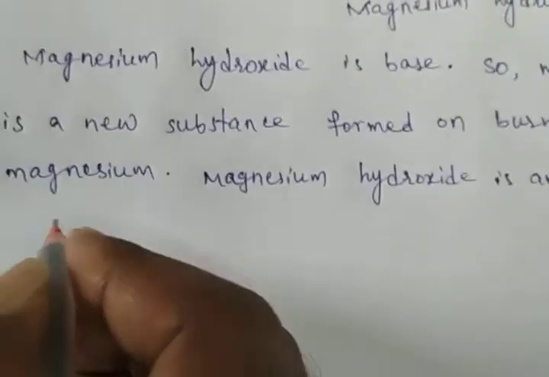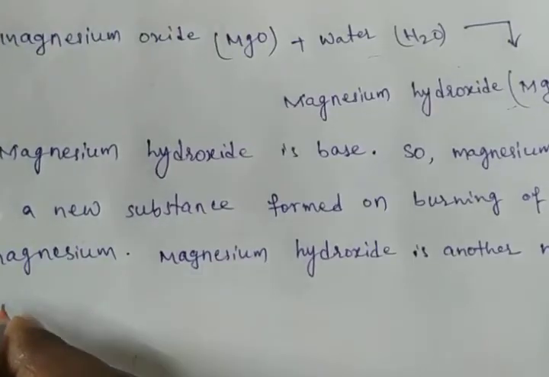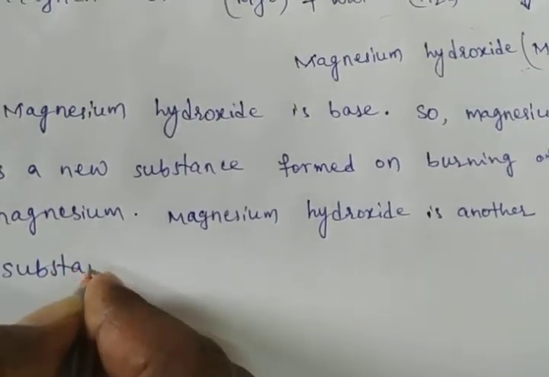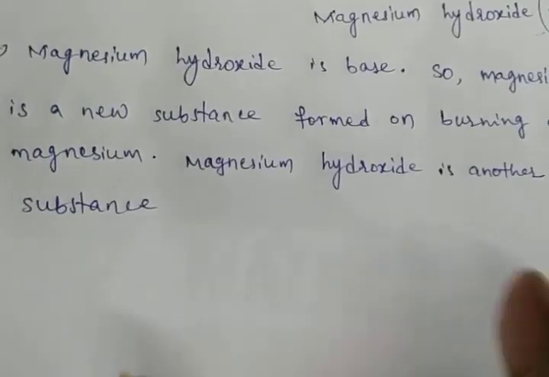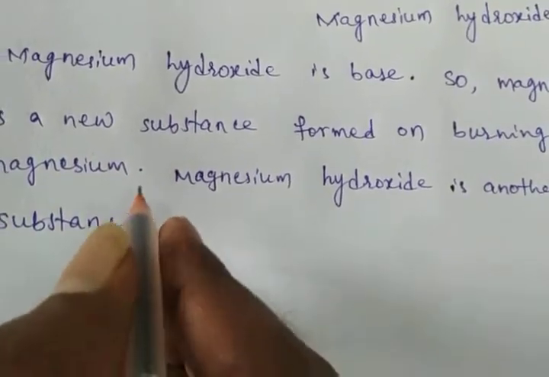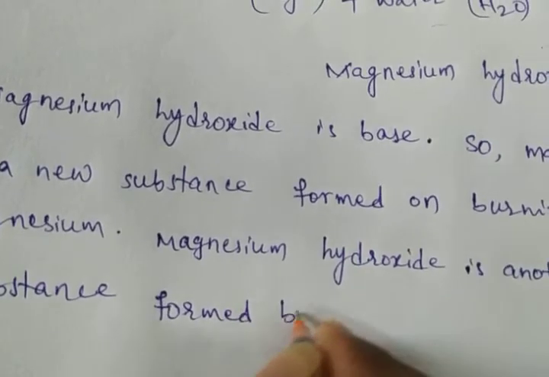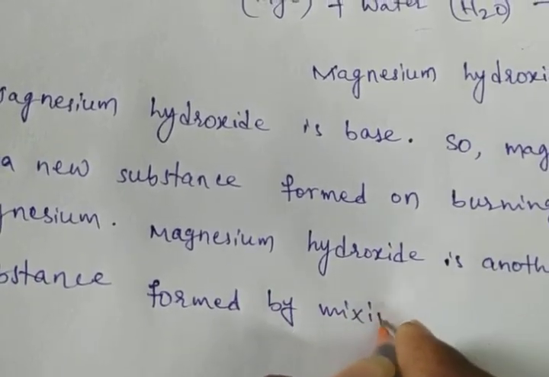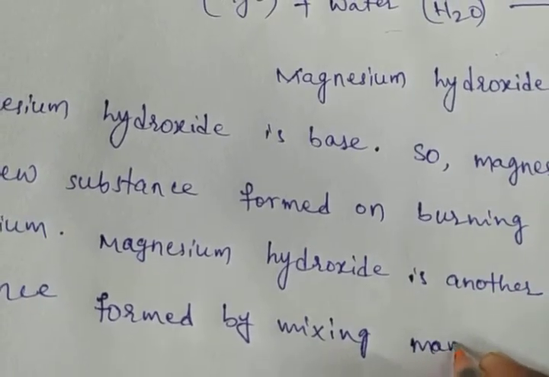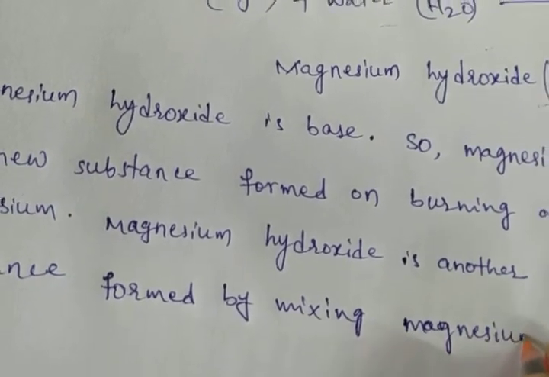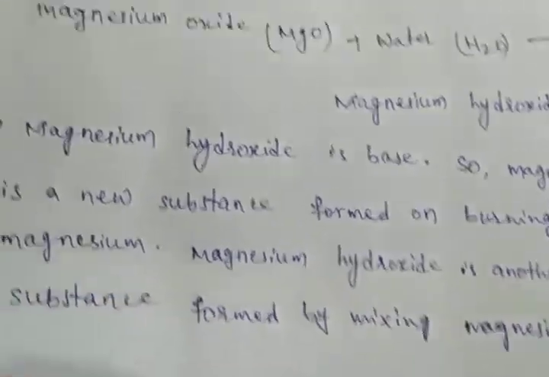Okay, magnesium hydroxide is another new substance formed by mixing magnesium oxide with water.